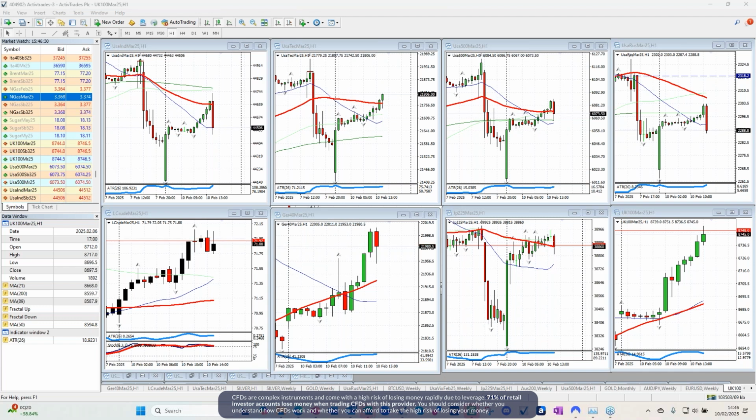I've got a profile set up for predominantly indices and a few commodities: the Dow, NASDAQ, S&P 500, the Russell, and then FTSE, Nikkei, DAX, and West Texas Oil. They are all set on the hourly chart.